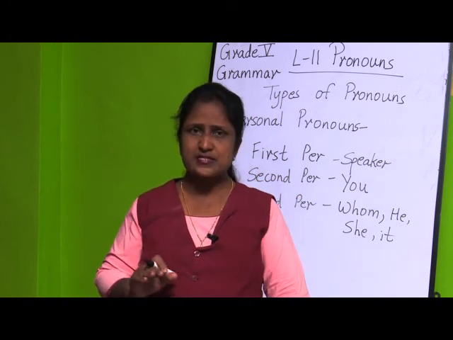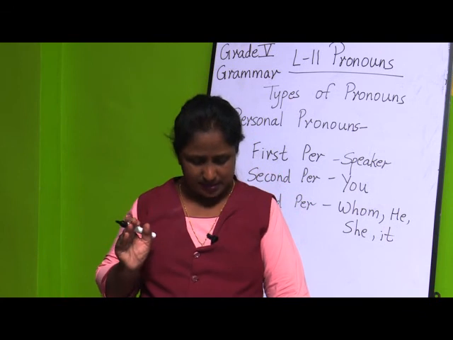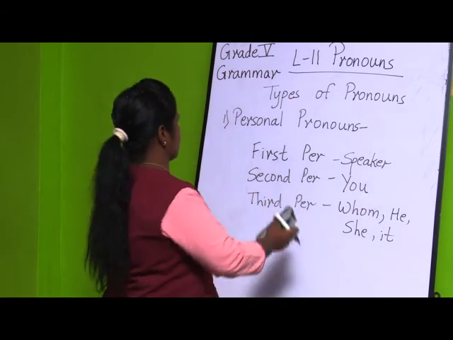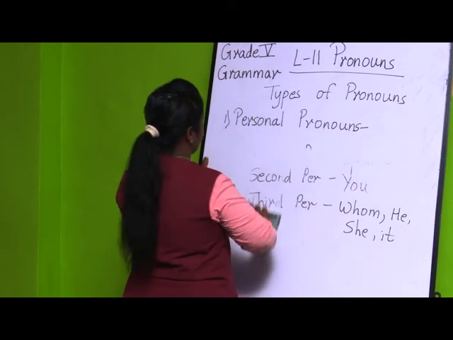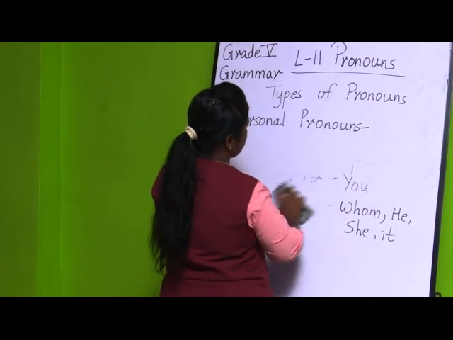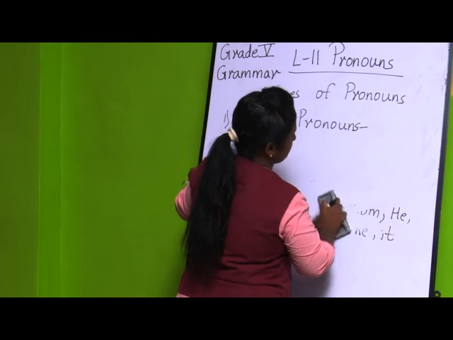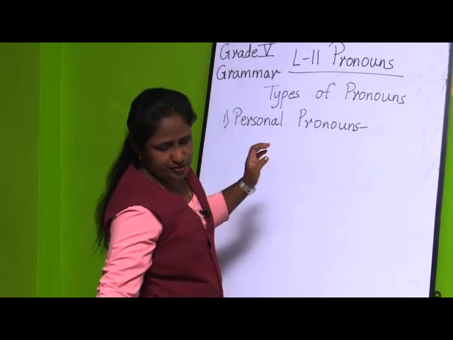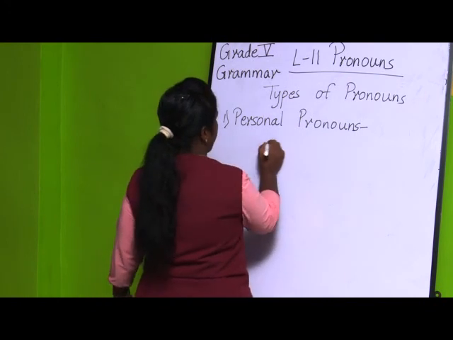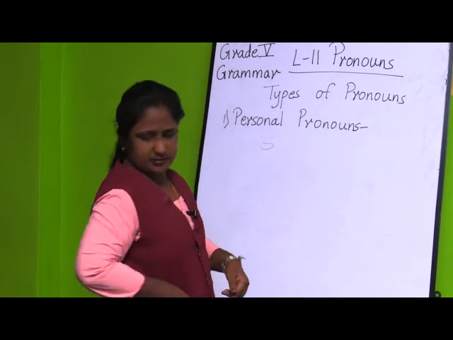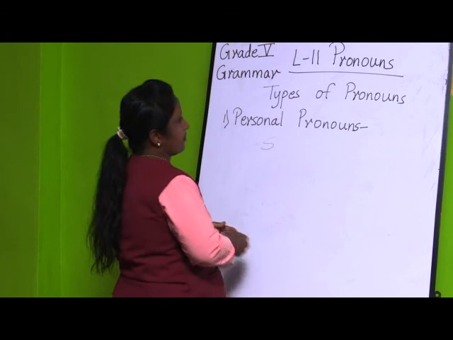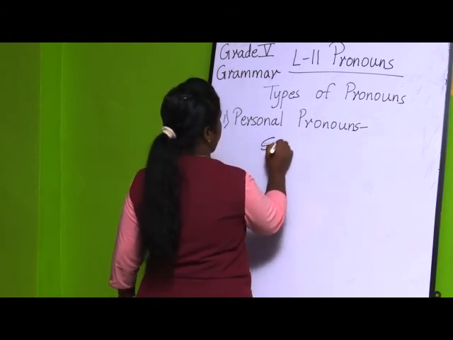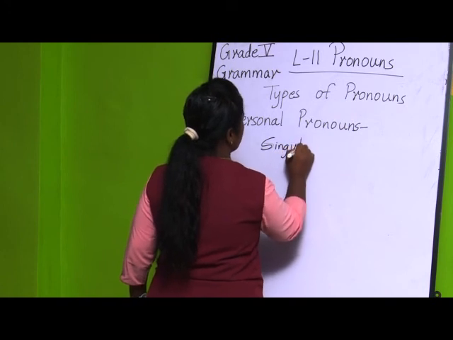Suppose in first person singular is I and me, but in plural I will be we and me will be us. See here also, when we are talking about singular and plural, okay, this is singular.